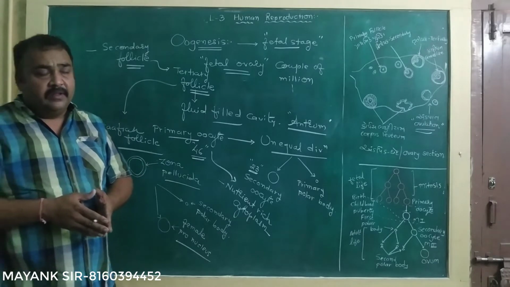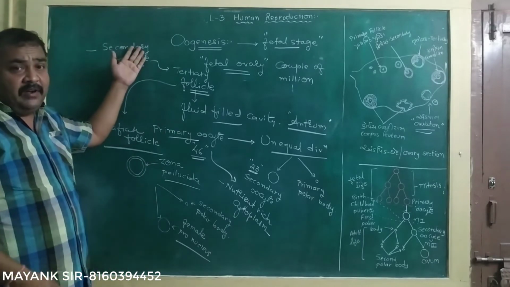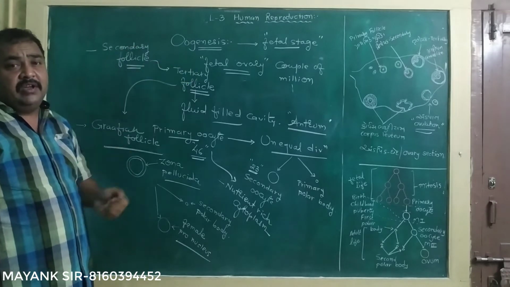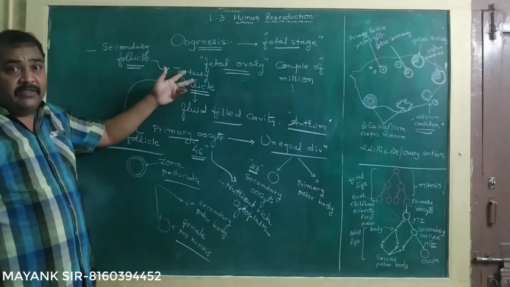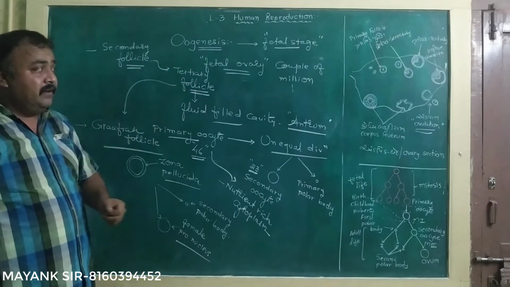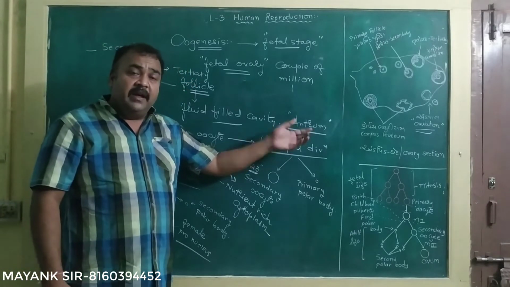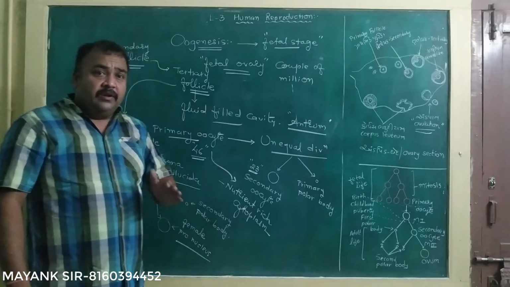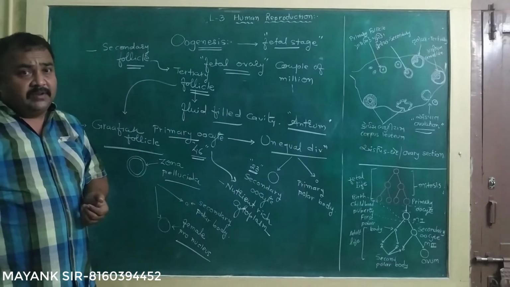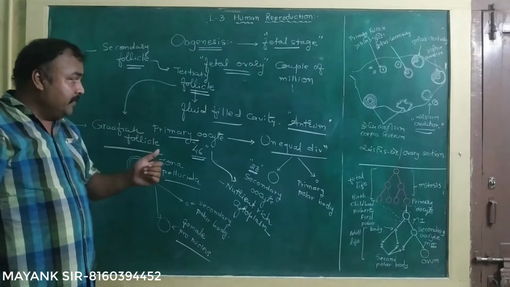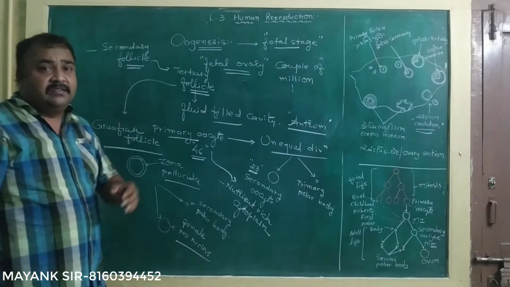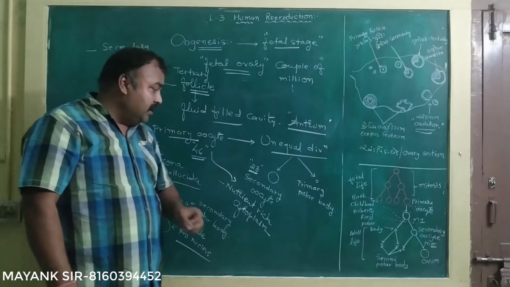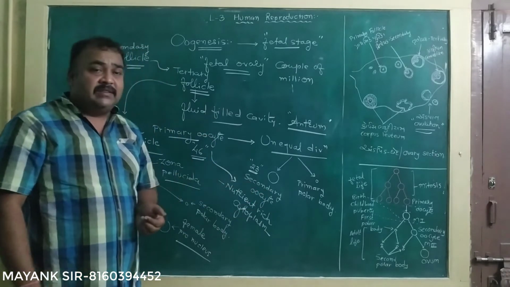Now, the secondary follicles are converted into tertiary follicles, which are demarcated by the presence of a fluid-filled cavity called the antrum. At that time, new layers are produced, and again the primary oocyte completes its first meiotic division and is converted into a secondary oocyte.